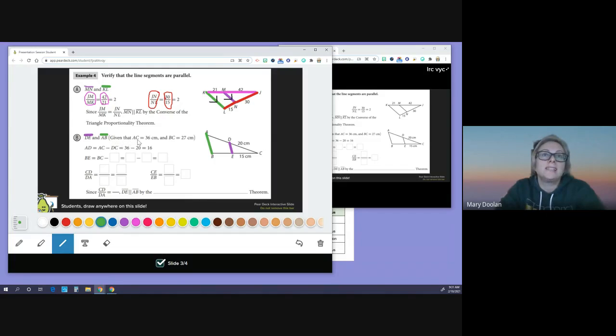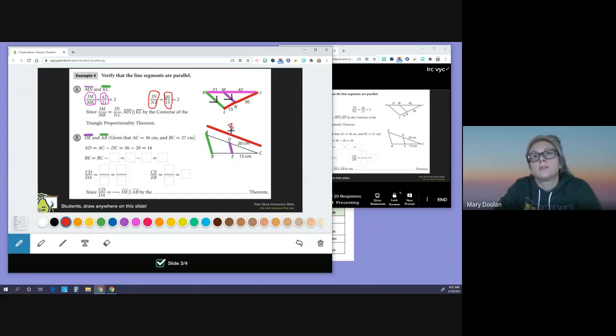They're giving us some information. It says, given that AC is 36 centimeters. So let's find where AC is. Here's AC. That would be this entire length, wrong color, let's use red. This entire length here is 36 centimeters.